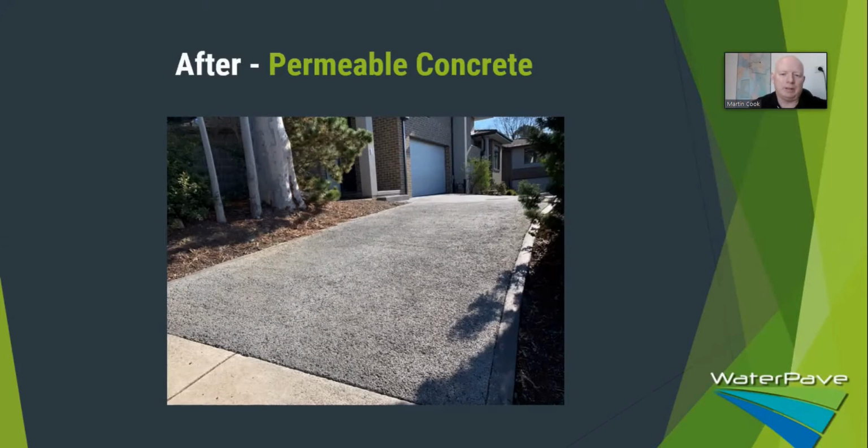We left it in there because we didn't really want to take it out. It looked okay, it was in good condition. It actually framed our permeable concrete nicely. Our product doesn't need any concrete edging to hold it together, but we just left it there because it looked quite nice.